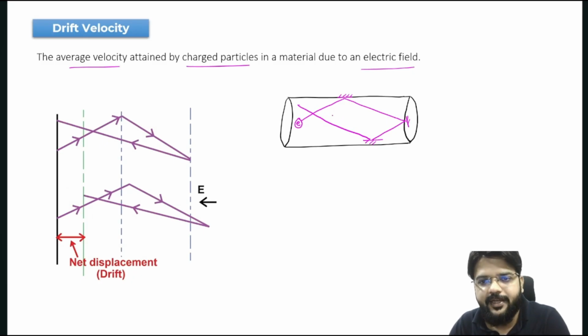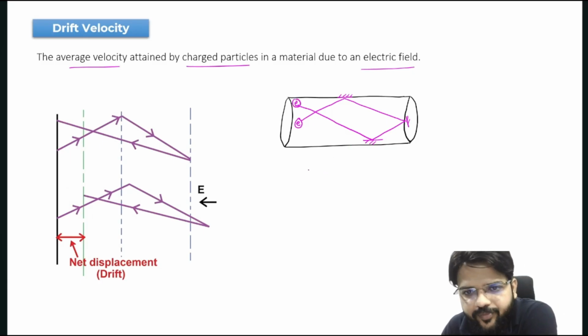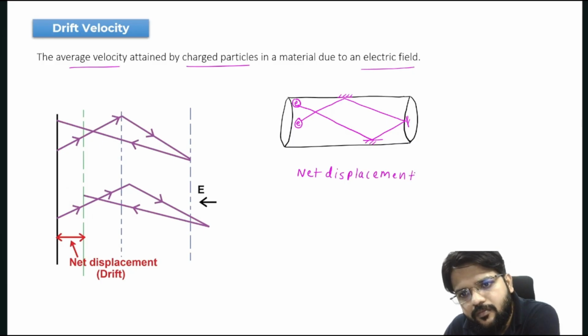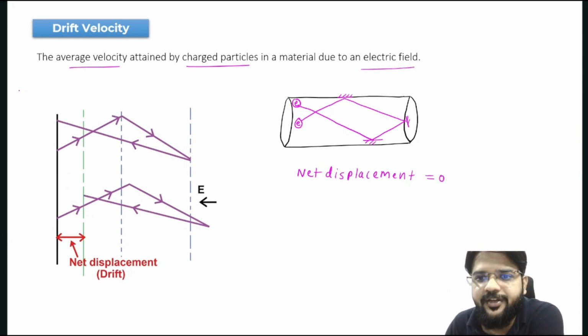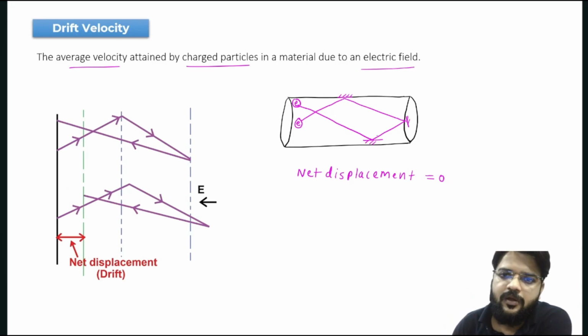So in this case, what is happening? Net displacement is zero. You can see it here, we are not getting any net displacement. So definitely drift is zero here.